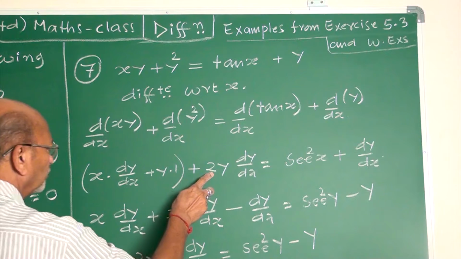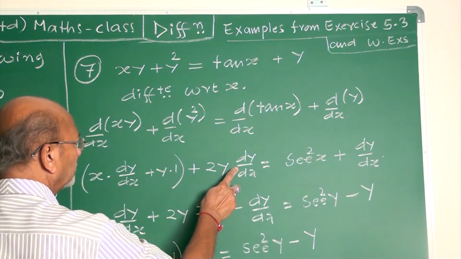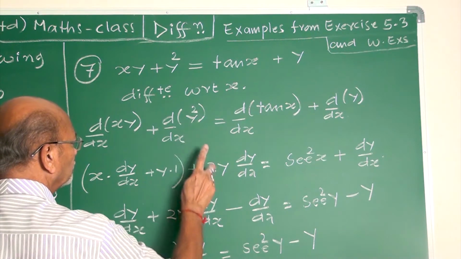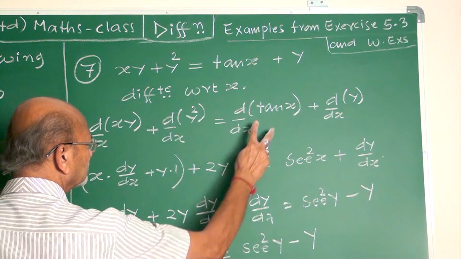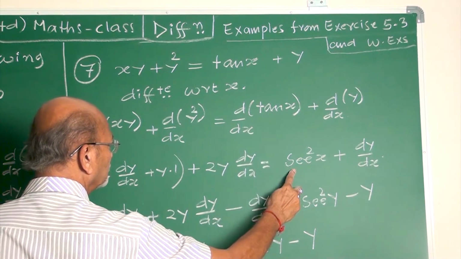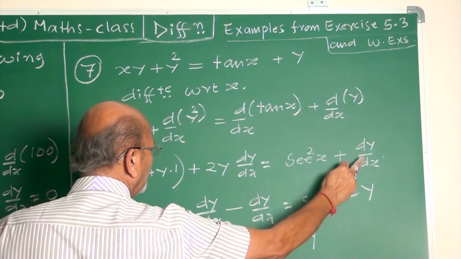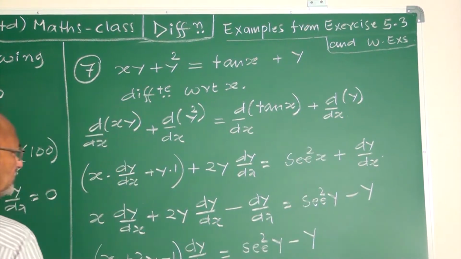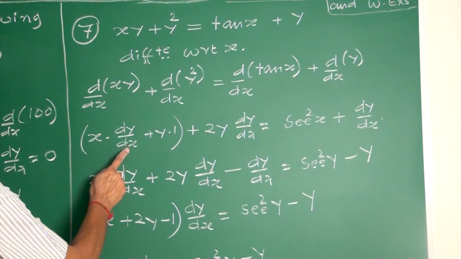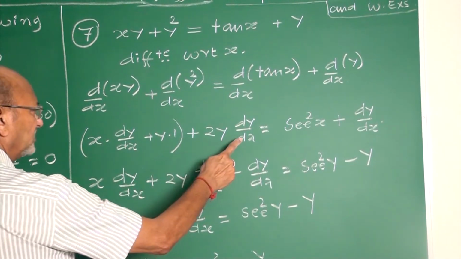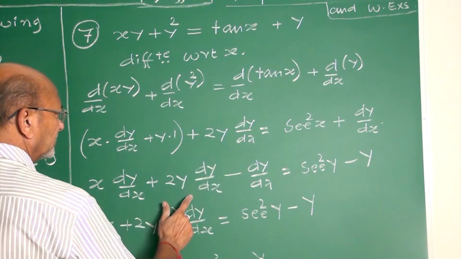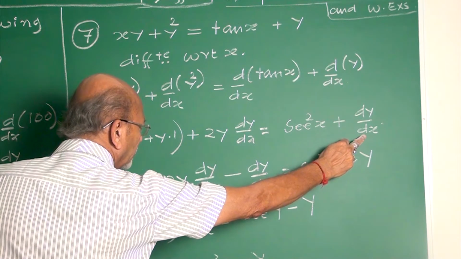First with respect to y, then y with respect to x: y square with respect to y is 2y into dy by dx. Tan x derivative is sec square x. Derivative of y is dy by dx. Same thing. It contains dy by dx, right? This contains dy by dx.